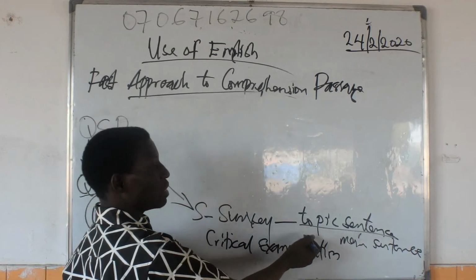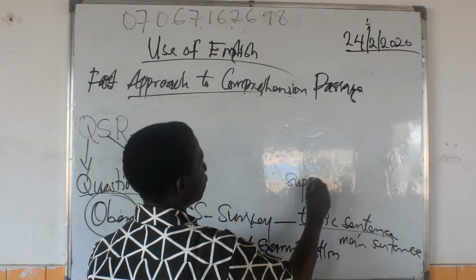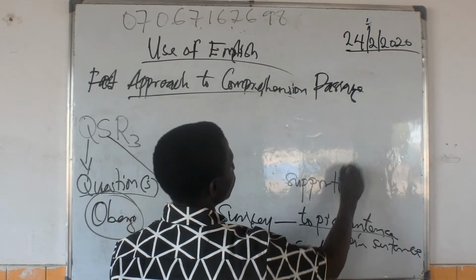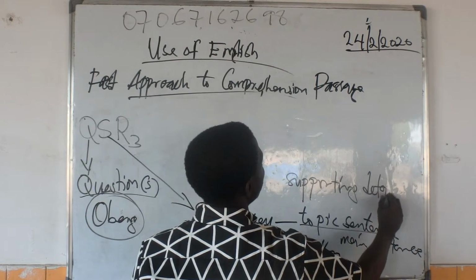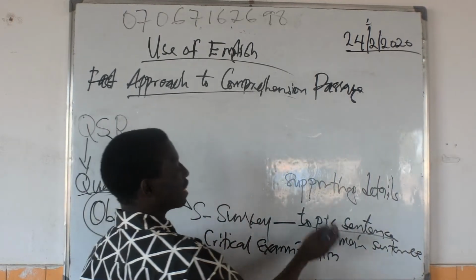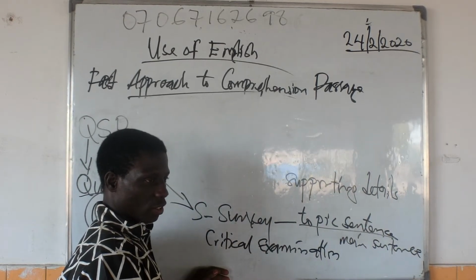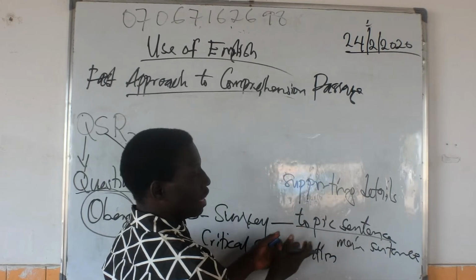We have what we call the topic sentence, and then 2, we have what we call supporting details. Supporting details is the same as supporting sentences. So we have supporting details for the topic sentence.